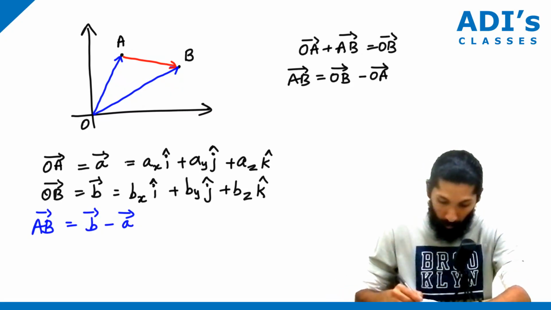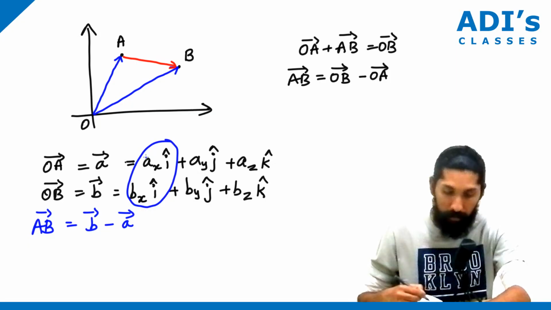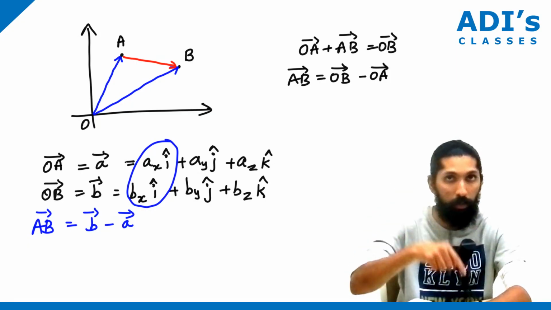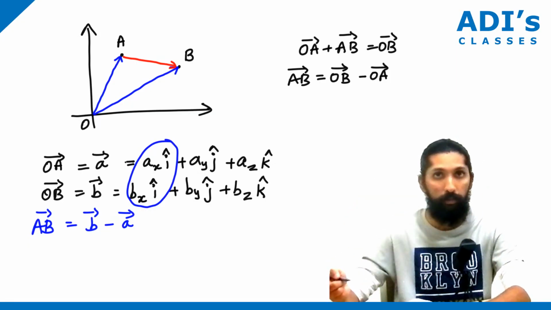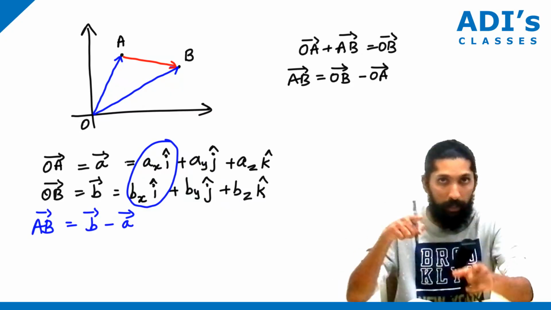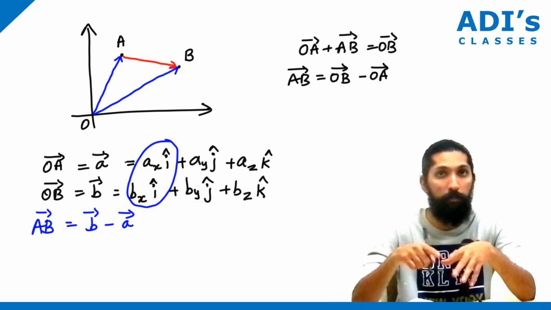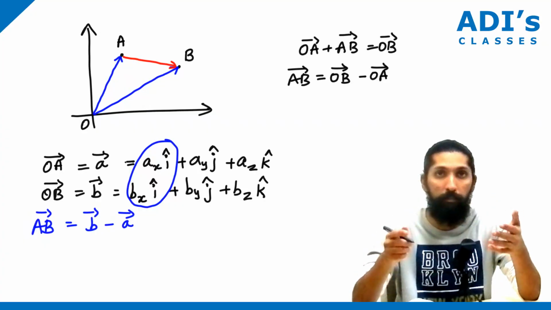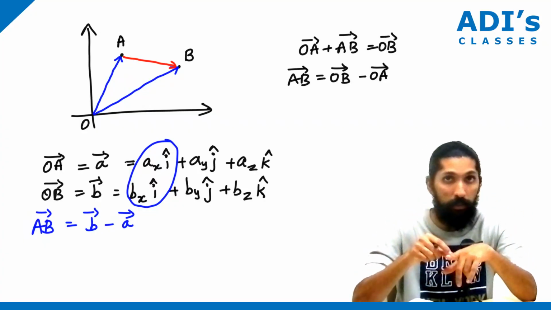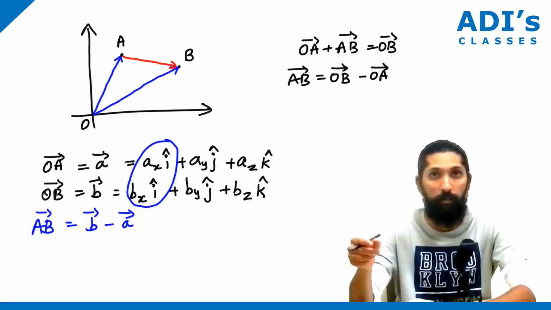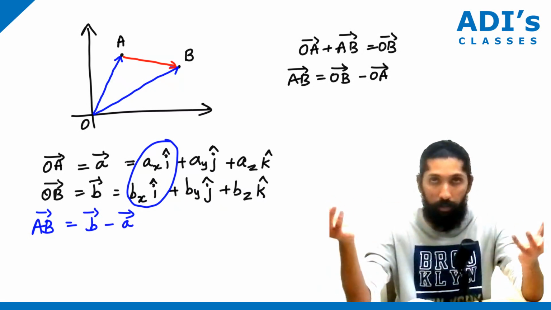You can't add the i component with the k component. It's quite obvious, because the x-axis component has to be added or subtracted by an i component itself, and we can't do it with k or y or whatever it is.